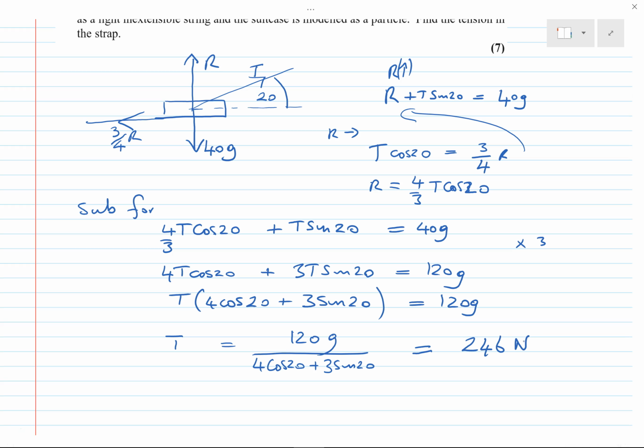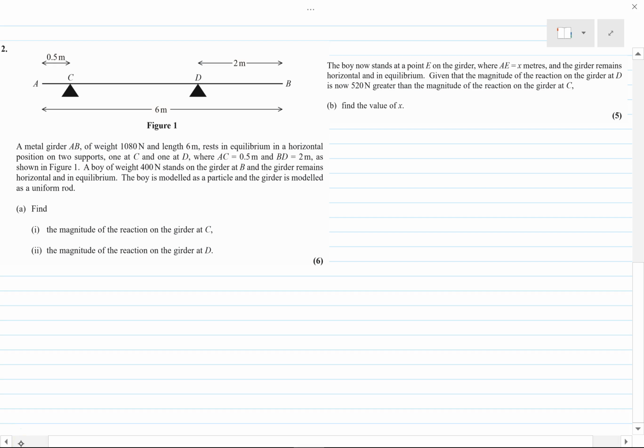Let's have a look at question 2. Okay, so here we have a moments question. We're told that something's in equilibrium, and one thing I always check for is that it's a uniform rod, so that's important. We've got a buoy of weight 400 newtons at B. Of course, we're going to have different reactions, which is what we're being asked for.